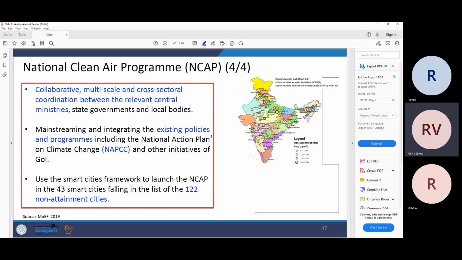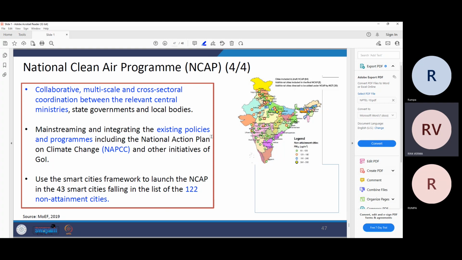And this plan aims to collaborate between different relevant central ministries, the state governments and the local bodies. A proper collaboration is established between these bodies to ensure that the standards that we have set for different areas are achieved in those attainment and non-attainment cities.